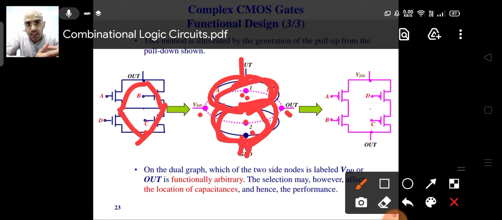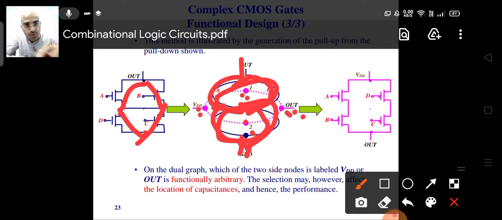But if you are designing a complex circuit, then this choice also matters and becomes a very important thing, because choosing one side may increase your capacitance, and then the delay also increases. So we have to be careful about that as well. But if we forget that for the time being, we can choose VDD and out terminals anywhere outside the loops.